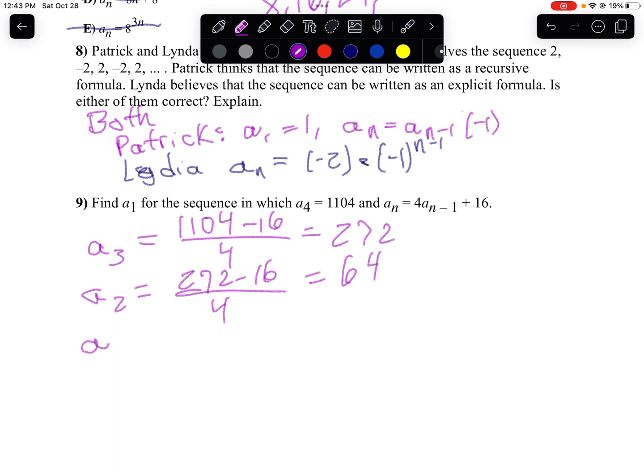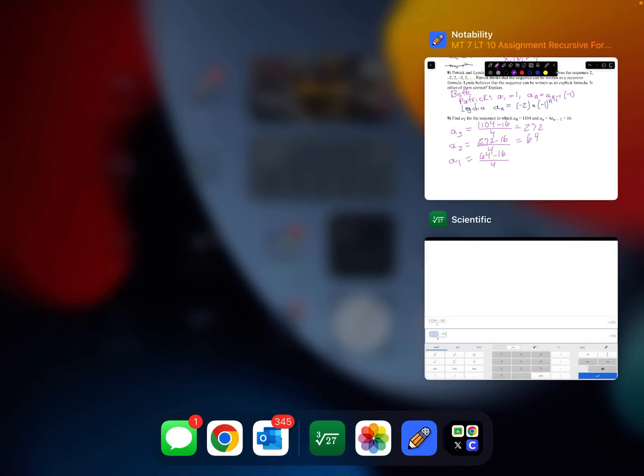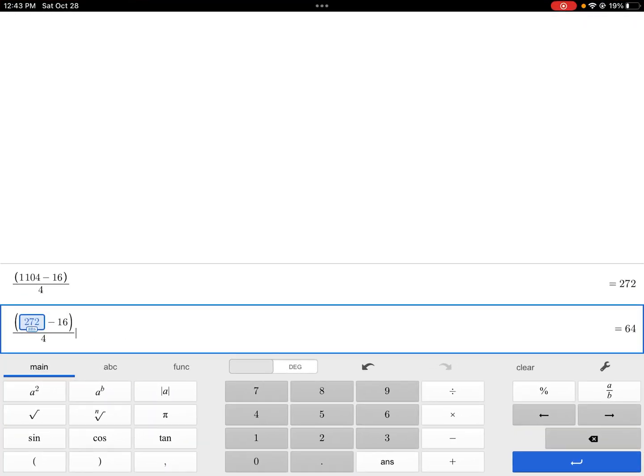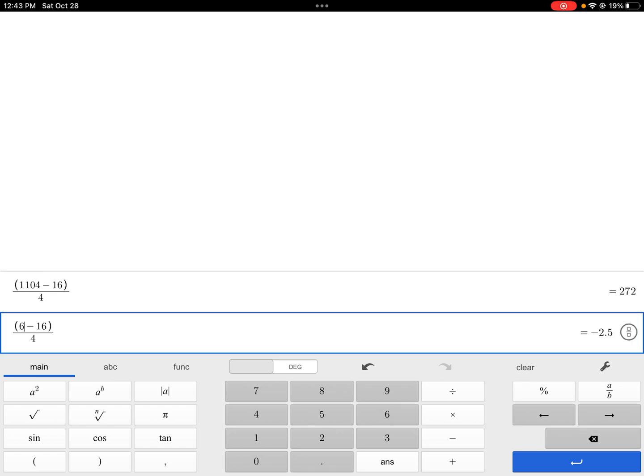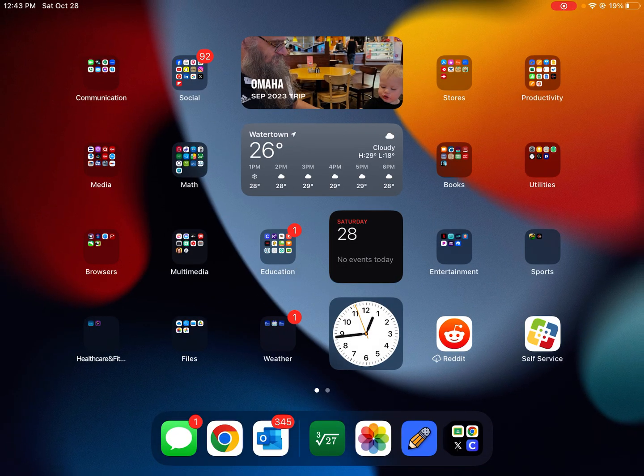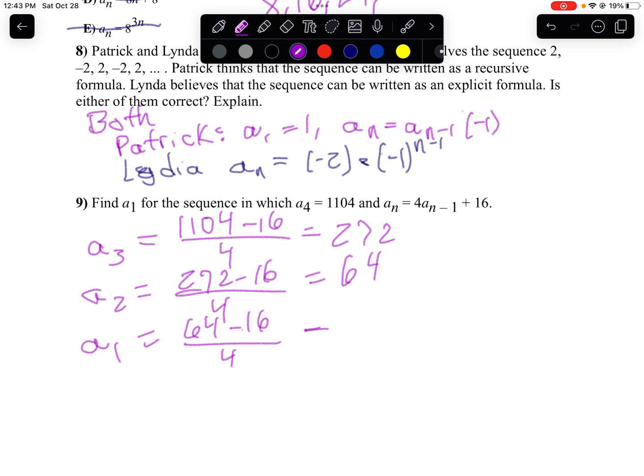And then to find my first term, which is what I wanted to do, I will take 64 and subtract 16 and divide by 4. And then I'll get 12. So my first term of this sequence is going to be 12.